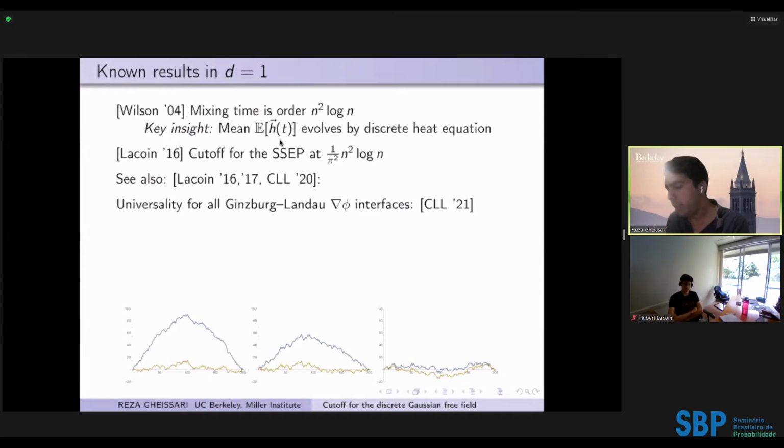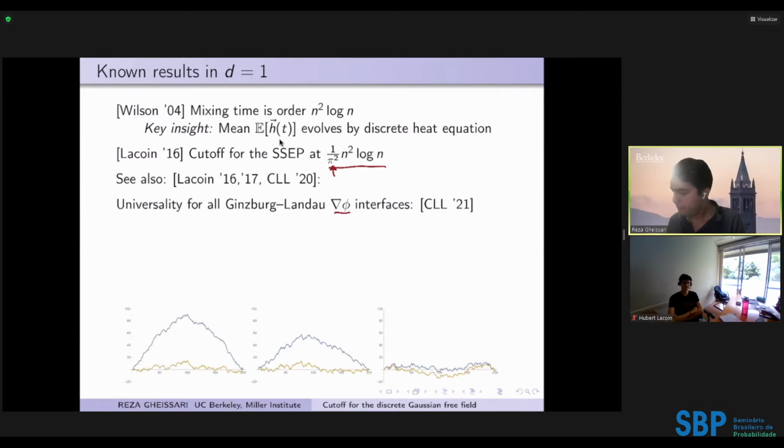So remember, the discrete Gaussian free field in dimension 1 fits into this setting by taking the potential to be a quadratic one on the gradient, okay? But generally, they showed that for all of these kinds of grad phi type interfaces in dimension 1, you have cutoff exactly at 1 over pi squared n squared log n. So the cutoff value is the exact same time. And again, this 1 over pi squared comes from the expected height getting on the same order as the fluctuation, so then the fluctuations can wash the bias away.